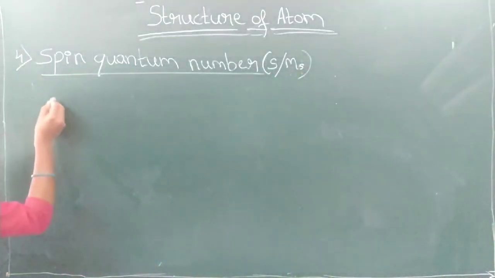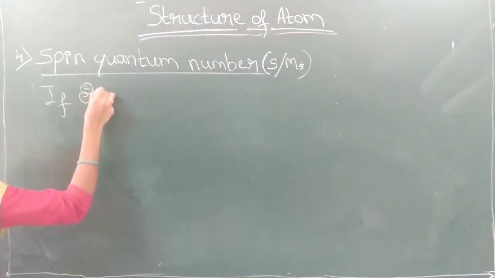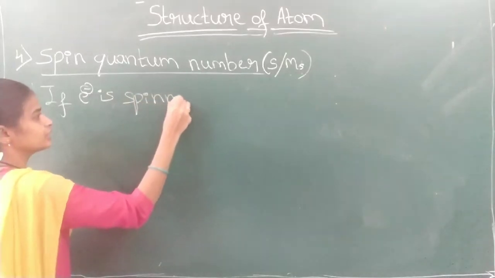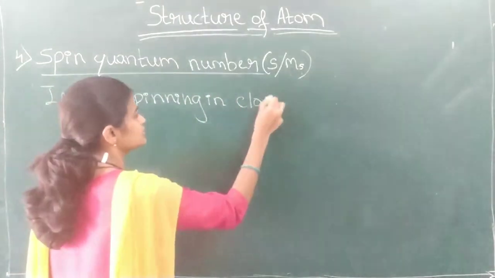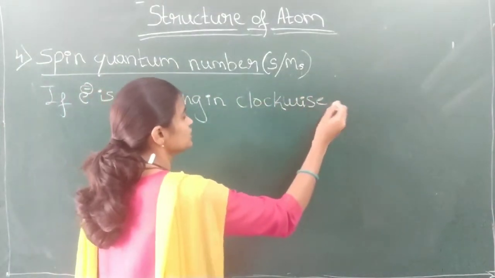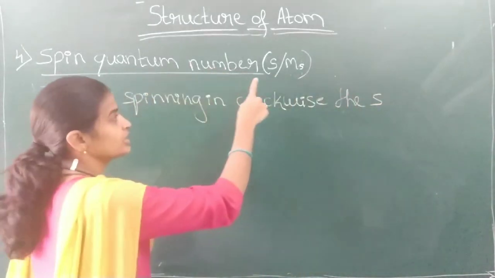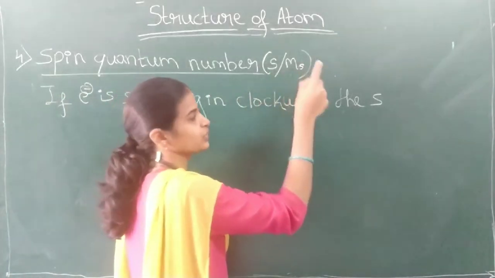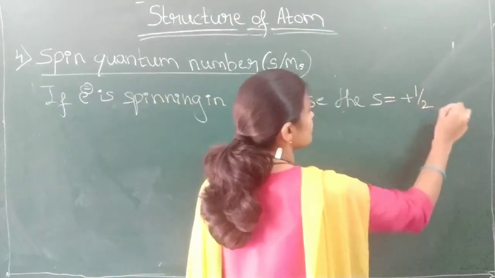See, if the electron is spinning in a clockwise direction, then this spin quantum number is indicated with the symbol small s or ms. I am using the s here. Then the value of s is plus half.